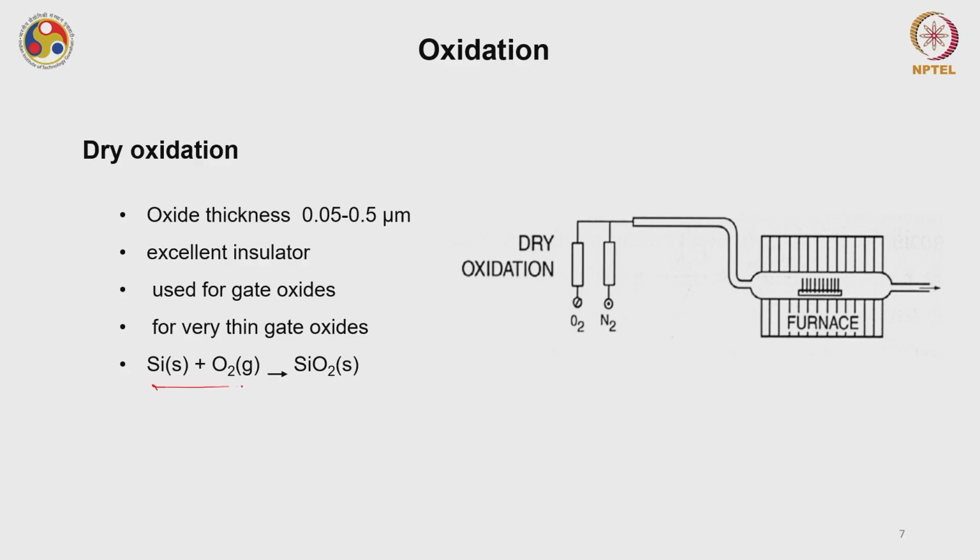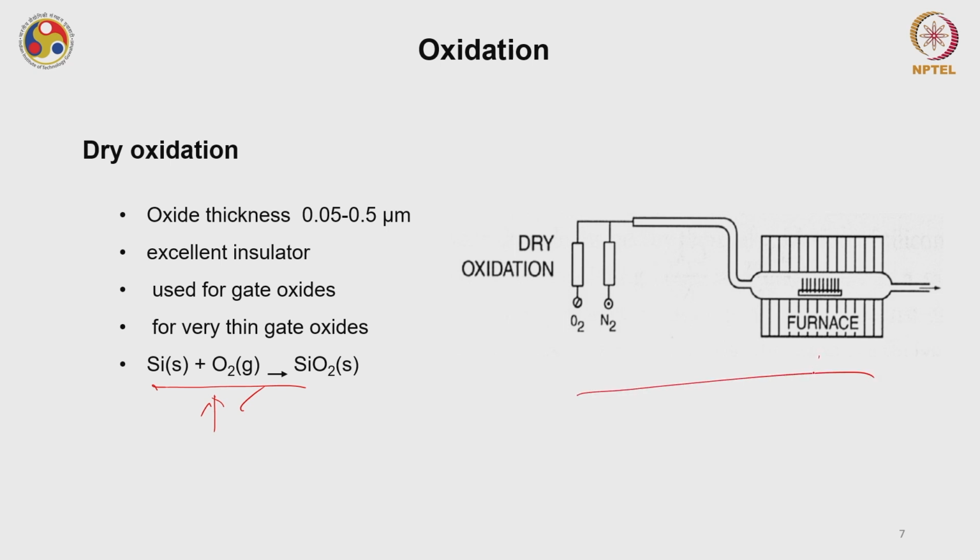Since you know that gate oxide thickness is very less in field effect transistors, dry oxidation is preferable. From this reaction you can see that the precursor required is only oxygen. Since there is no water molecule involved in the process, I am calling this dry oxidation.